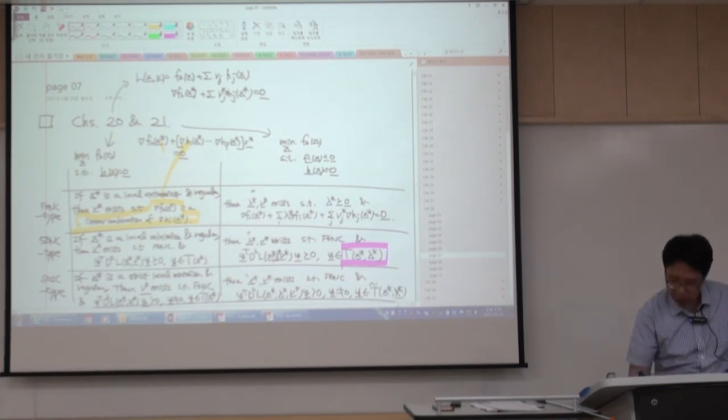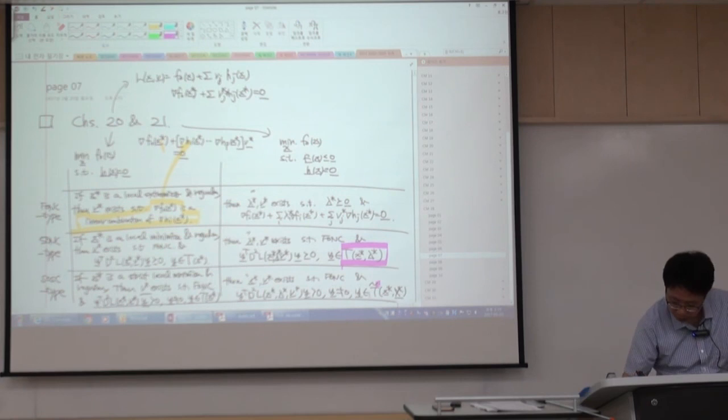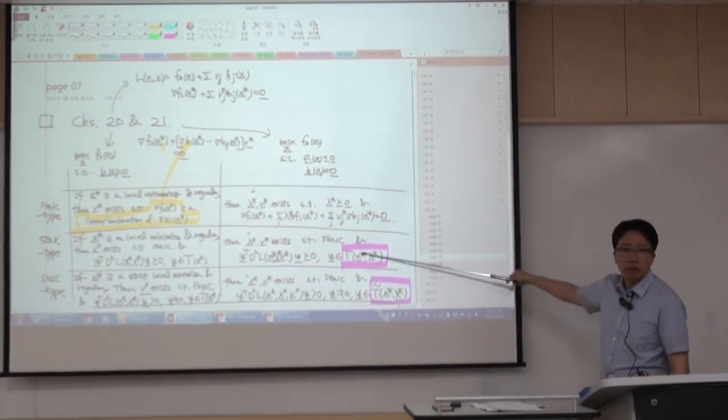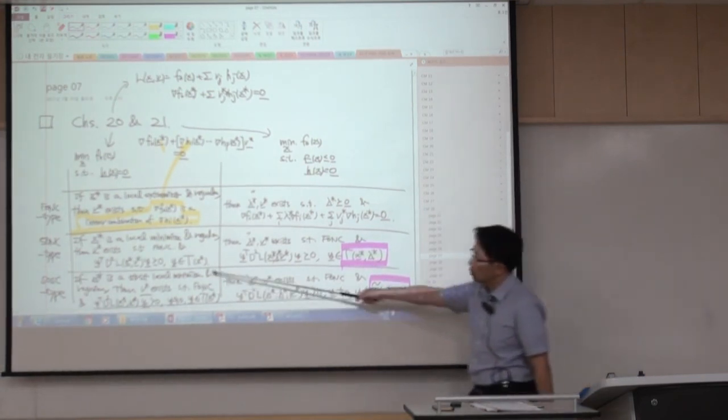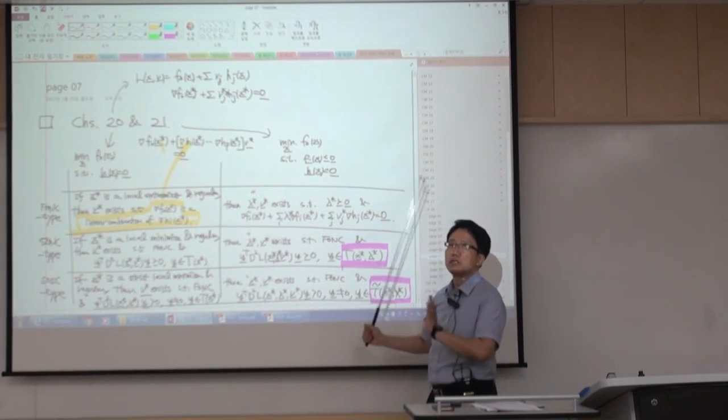But here this is a little bit different. Got it? By the way, this space is different from this space. Here, these two are the same spaces. So this is a summary.